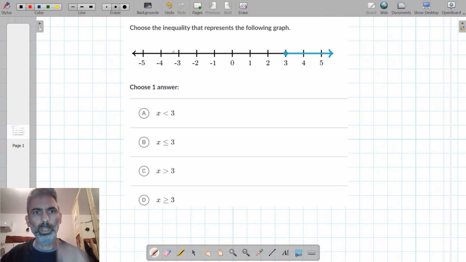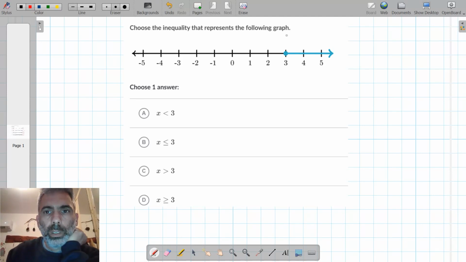Okay, choose the inequality that represents the following graph. Okay, so here we see that the circle that is marking the number 3 is whole, it is solid, so it means that it includes the number 3, and each number to the right of 3 also represents the inequality.